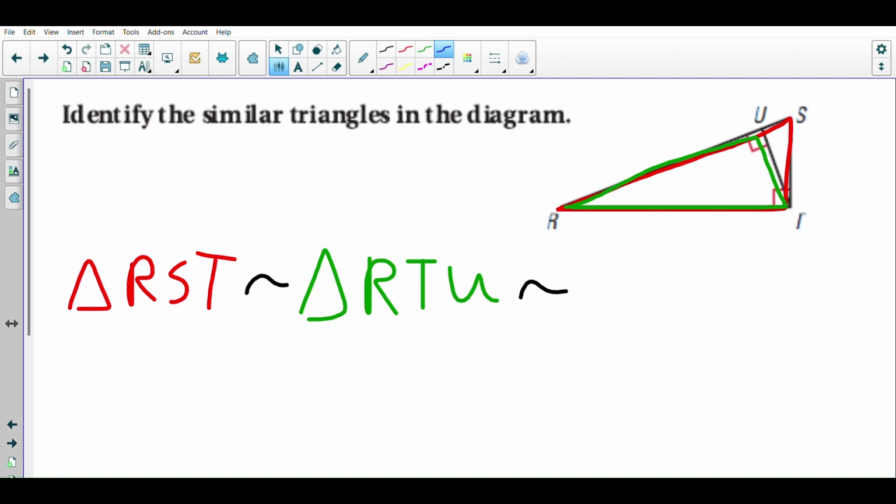And then the last one, the little triangle, we can see how it's split up. It's going to be triangle T, and then the right angle is U again, so TSU. Notice how I split all of them up to be able to create similar triangles. That's what we want to start really being able to identify. And since they're similar, that means we can create some proportions with it.